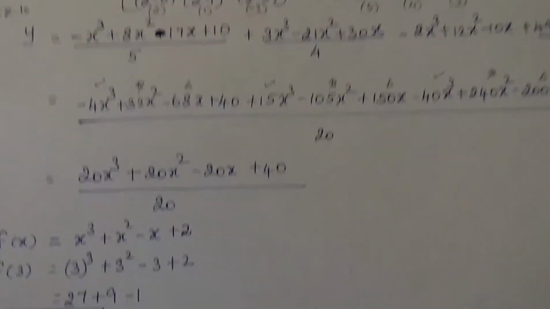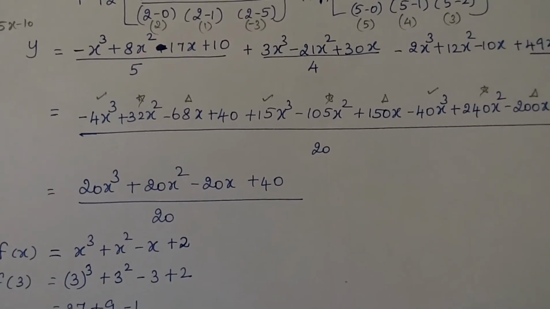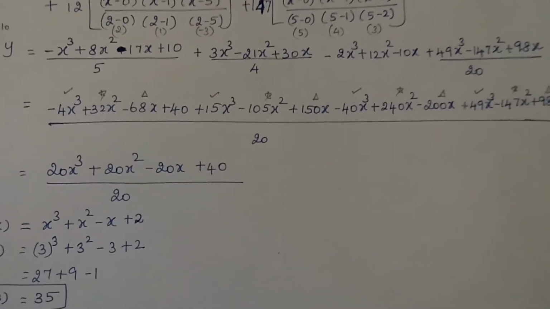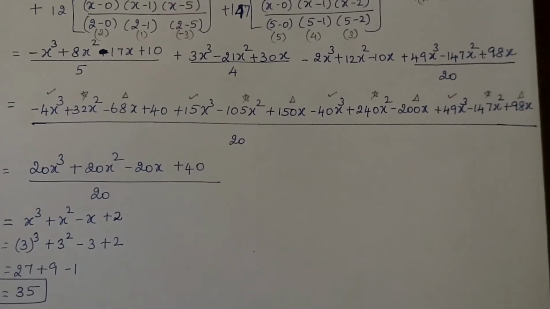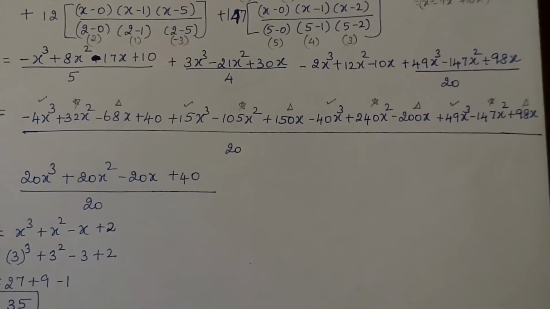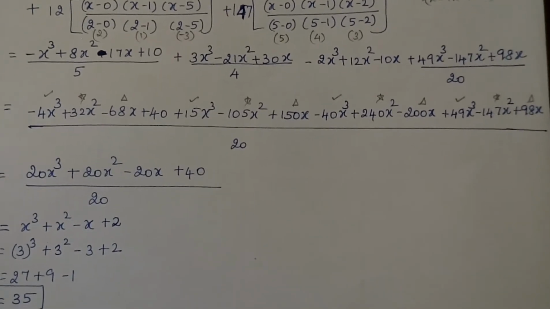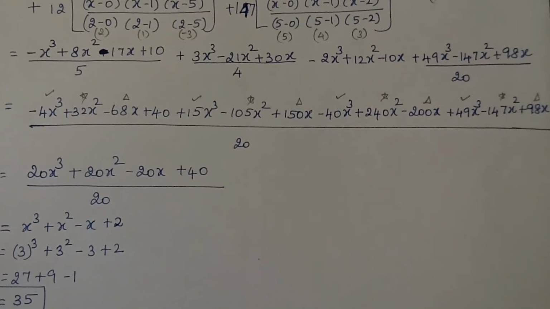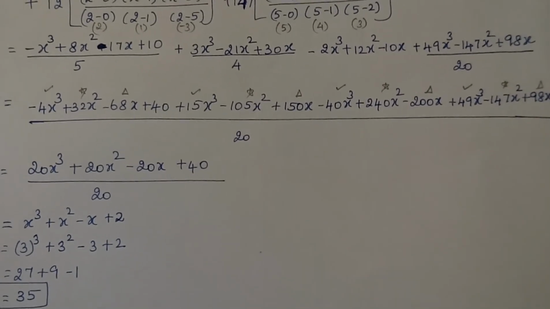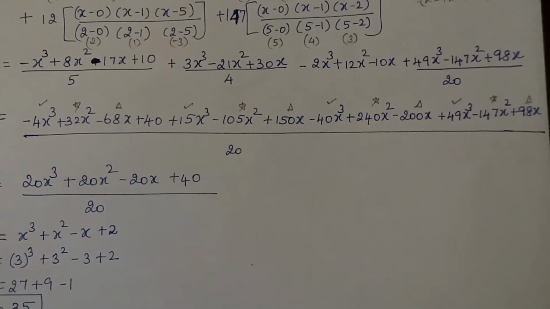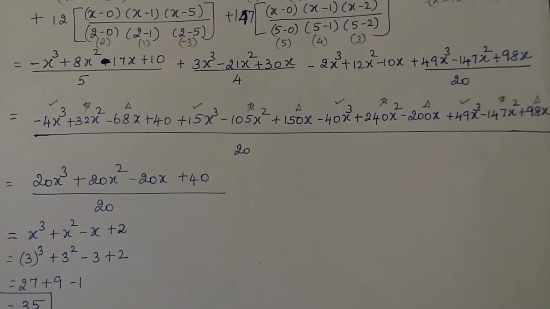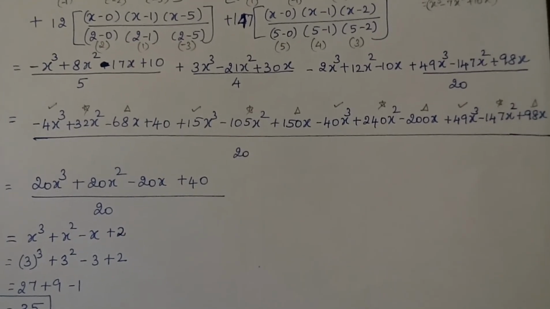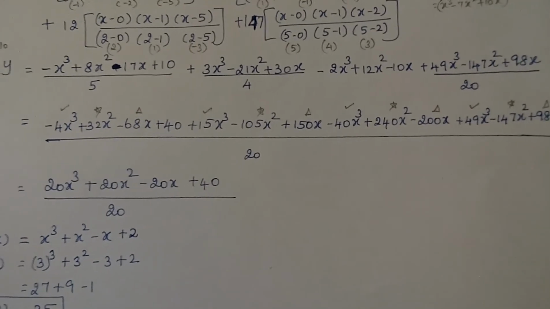If you simplify, you will be getting 20x cube plus 20x squared minus 20x plus 40, divided by 20. I can just divide all the numerators by 20. So if I simplify, I will be getting x cube plus x squared minus x plus 2. So this is the polynomial, friends.